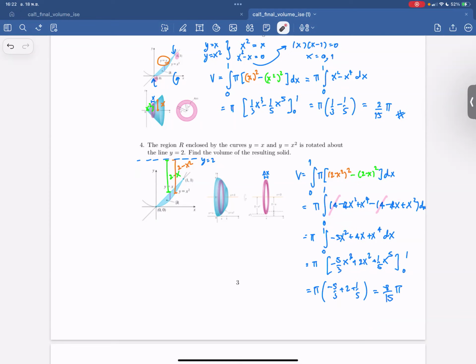Okay. Is there any question for the disc or washer method?